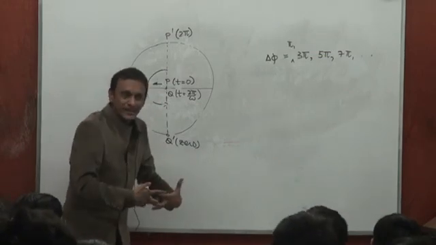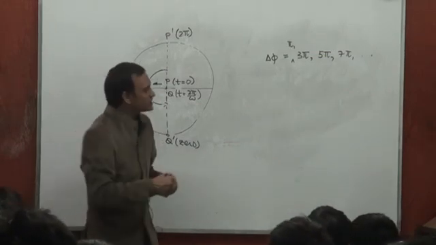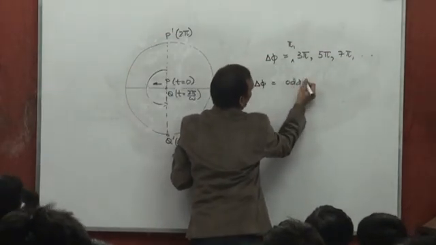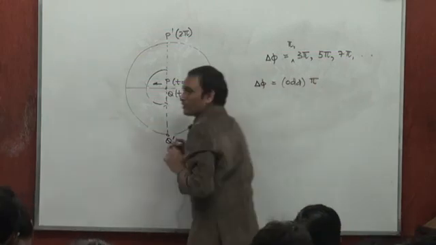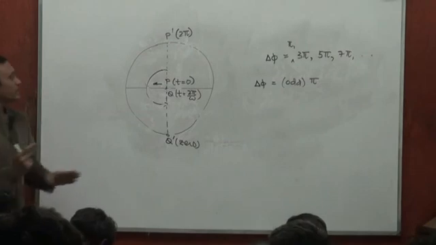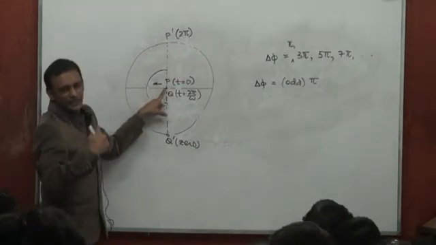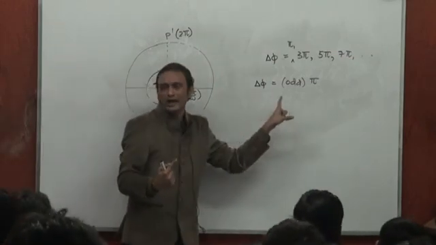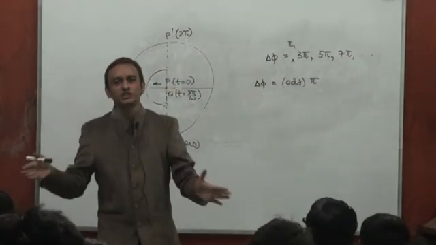So in general, if I have two oscillators with a phase difference of an odd multiple of pi, we can imagine the motion to be as if both particles at a given instant of time are at the mean position, one moving leftwards, the other one moving rightwards. That means moving in opposite directions, essentially.